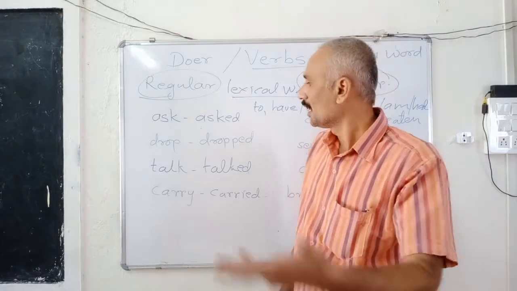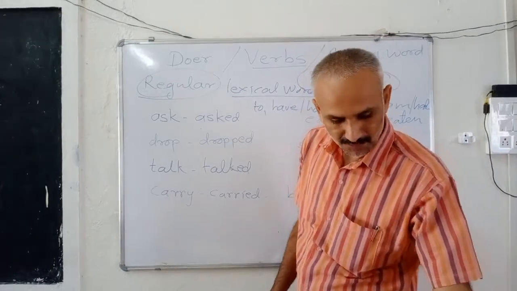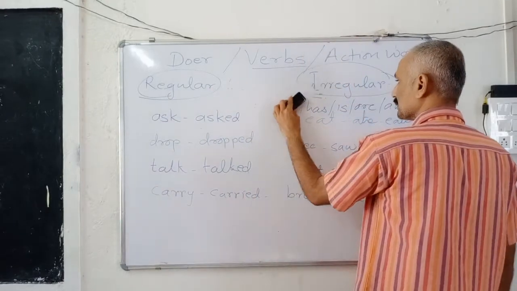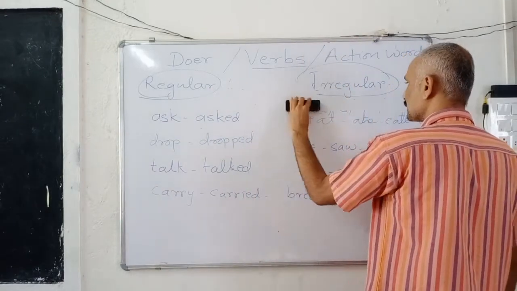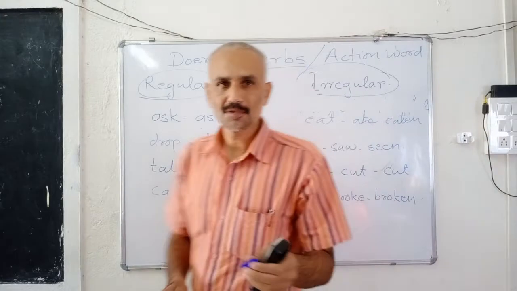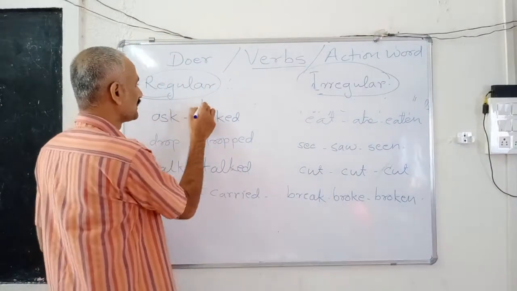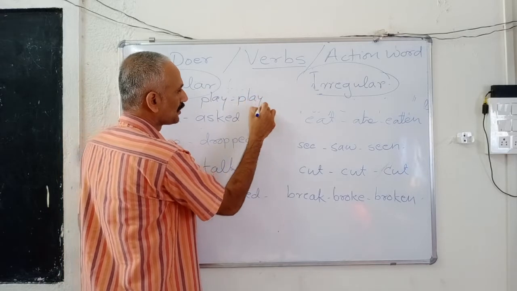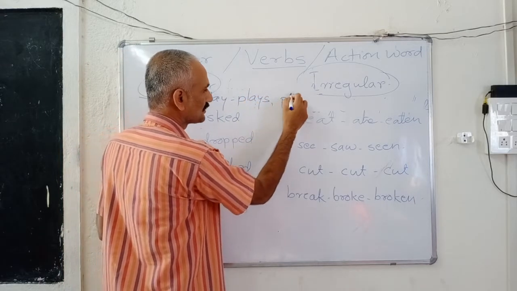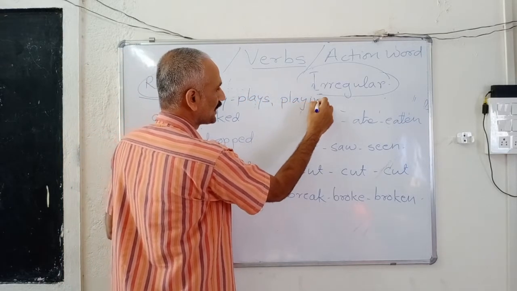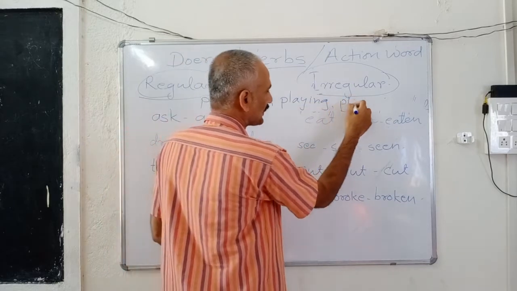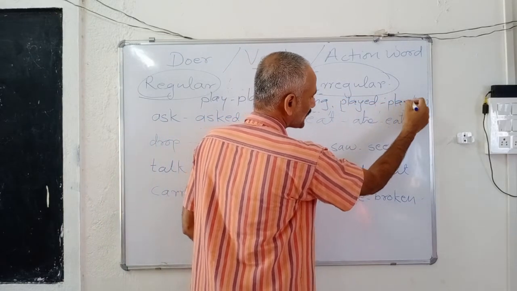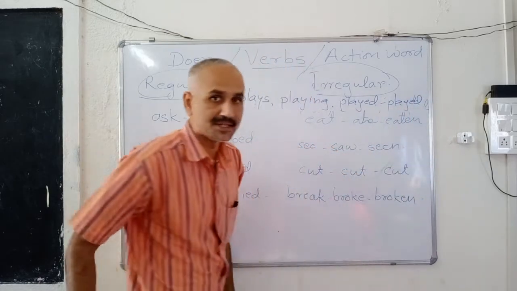Let me write an example for your understanding. If the base verb is play, then we can say plays. We can use this word as playing. We can say played, and the past participle will also be played.